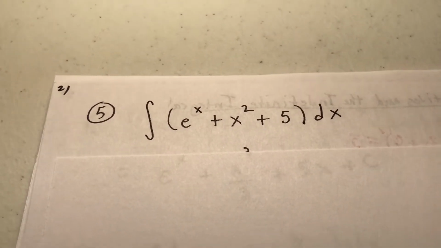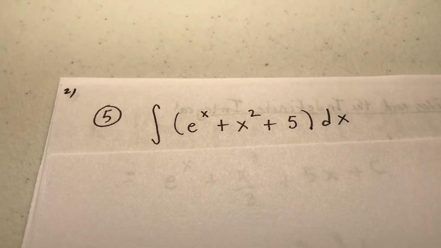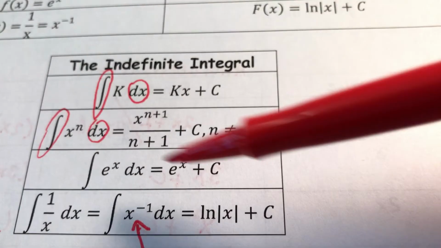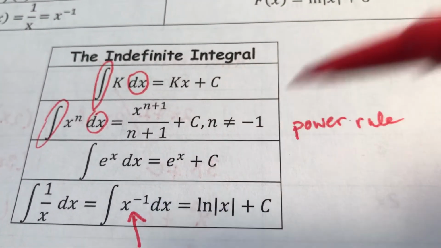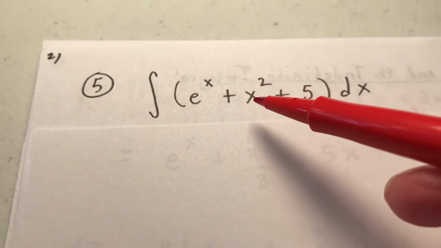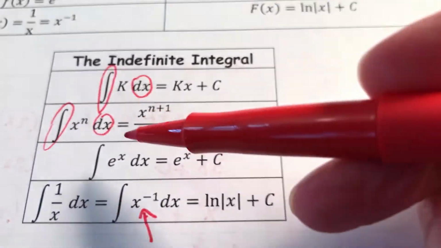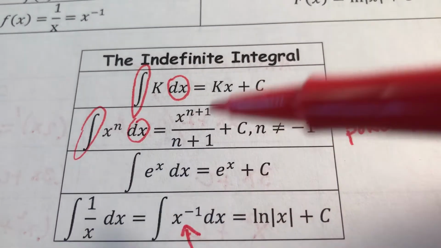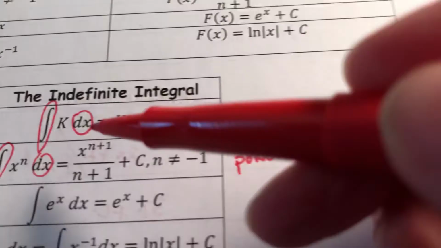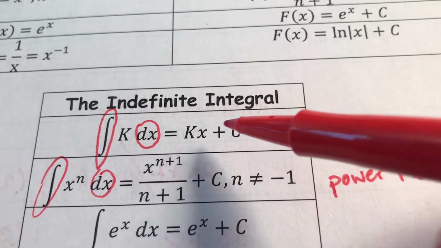So if I'm integrating e to the x plus x squared plus 5, well, the integral of e to the x, it's over here, is itself plus c. So I'm going to integrate e to the x, and I'm going to integrate x squared and use the power rule, which says I'm just going to add 1 to it and divide by it. And then I've got a constant. And the integral of a constant is just kx. And then we'll put plus c at the end.